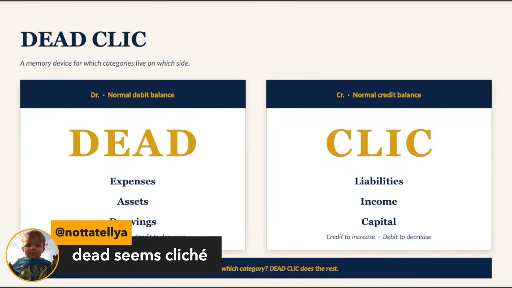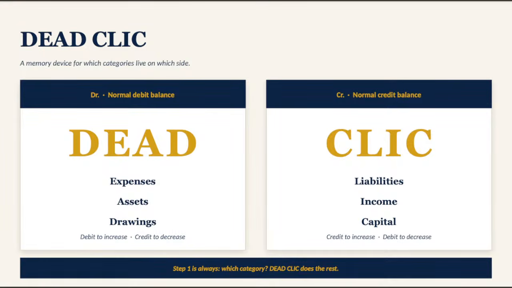Yeah, well, it's just where they get it from. I got this little memory device from an accounting book for legal paralegals, I think. So these are people that definitely didn't want to major in mathematics of any nature, so you have to give them some kind of little mnemonic device that involves letters.